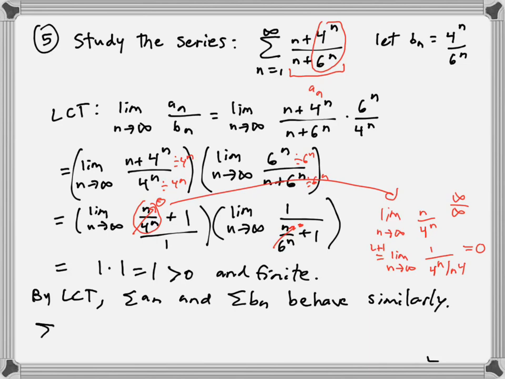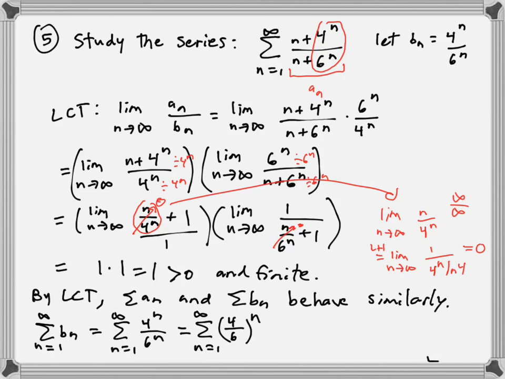So what could we say about b_n? I know we've been using p-series a lot lately, but this is not a p-series. We have 4^n over 6^n. This is actually equal to (4/6)^n. What kind of series is this?